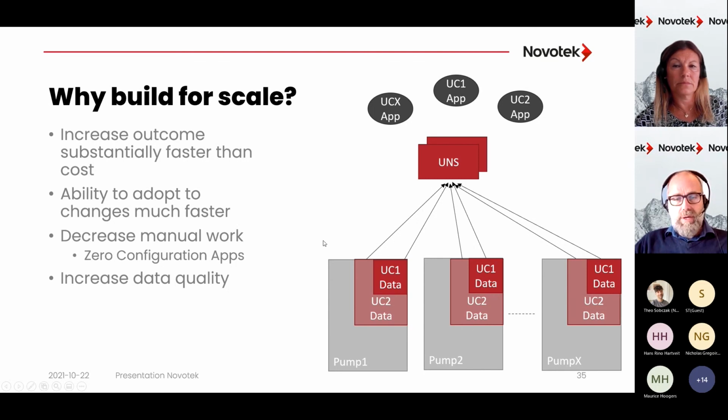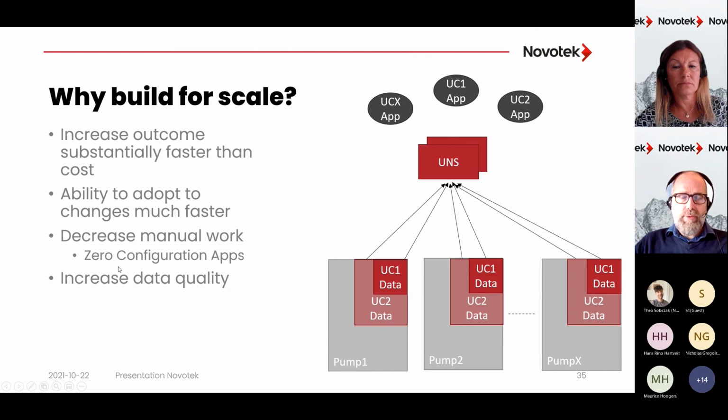And also, since you have a full view of all the pumps and you handle them in the same way, you can adopt changes much faster. And if someone adds another 100 pumps, you don't need to do manual work in the cloud or in the app layer.